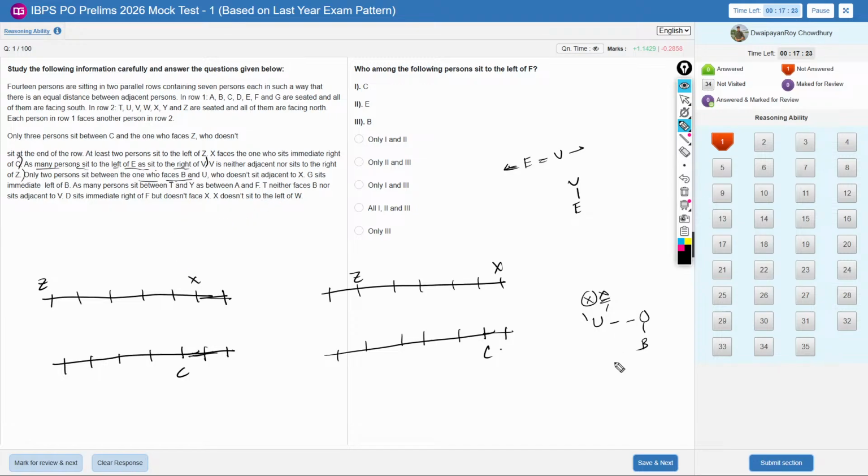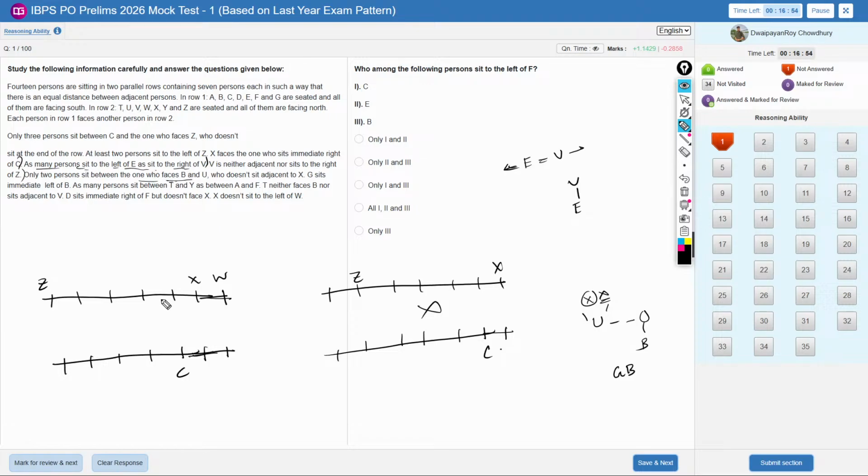G sits immediate left of B. X does not sit to the left of W. So W is going to be here. This portion cancels out.